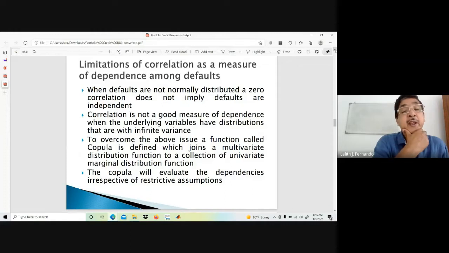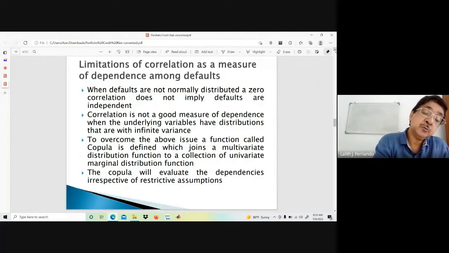I think you might have come across that type of situation in your own organization. But when you go to the measure of correlation, these are the issues we have to face. Correlation is not a good measure of dependence when the underlying variables have distributions with infinite variance. So if the variances are very high, the correlation could not be a good measure.